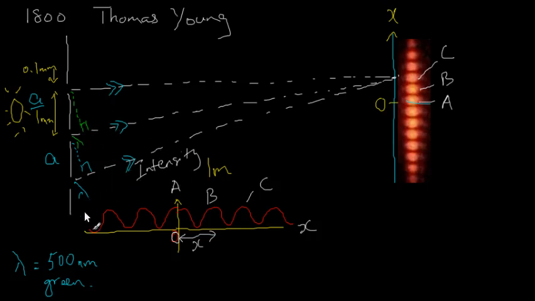So it's the same interference condition: the path difference between waves from two adjacent slits has to be a whole number of wavelengths. So that's the difference here.